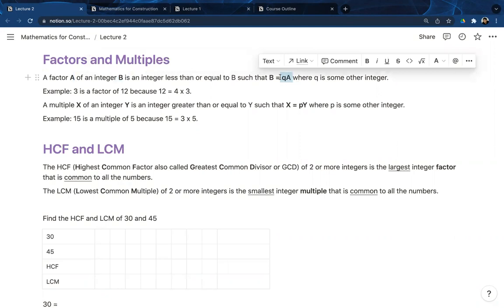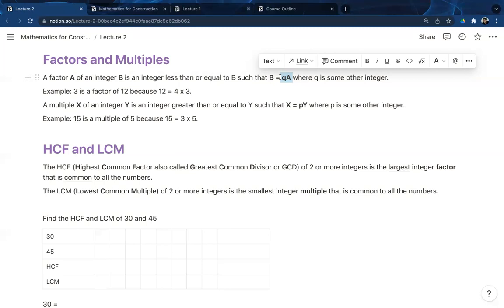So basically 1 is a factor of everything and every number is a factor of itself, because we could multiply something by the factor to get the original number, okay? 3 is not a factor of 5. We can't multiply another integer by 3 to get 5, okay? So that is the idea of a factor. An example: 3 is a factor of 12 because 12 is 3 times something, in this case 4.